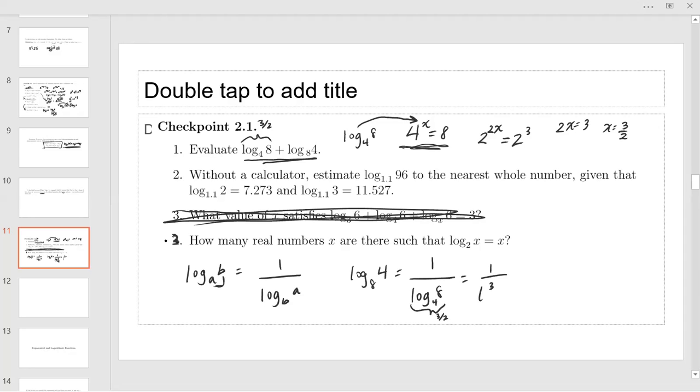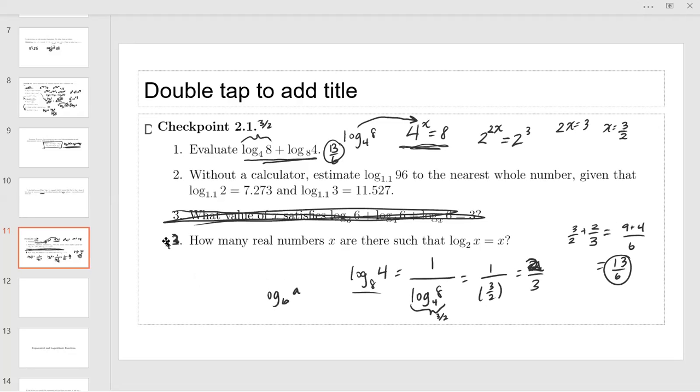Hence, this is just 2/3 because 1 over 3/2 is 2/3. Hence, our sum is 3/2 plus 2/3, which is (9 plus 4) over 6. That's 13/6. So that's the answer to our first part of this checkpoint.